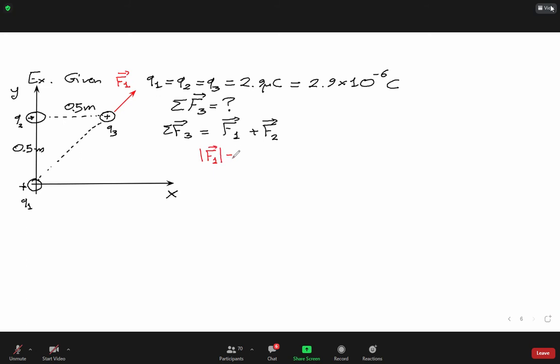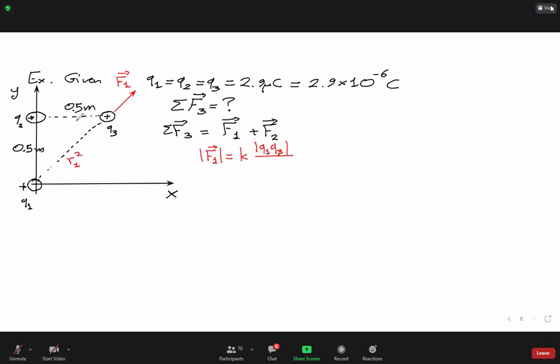What is the magnitude of force F1? Well, according to Coulomb's law, it is the ugly constant K times the product of the two charges involved in the interaction. Here, I don't really care about the absolute values because everything is positive, but let me be a little more formal, divided by their separation, let me call this R1, squared. How much is this?